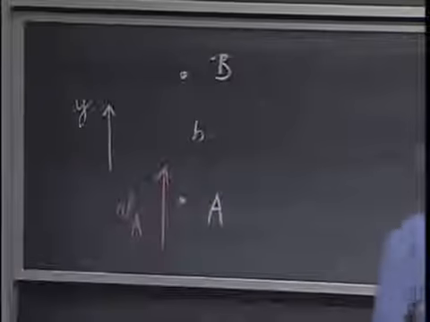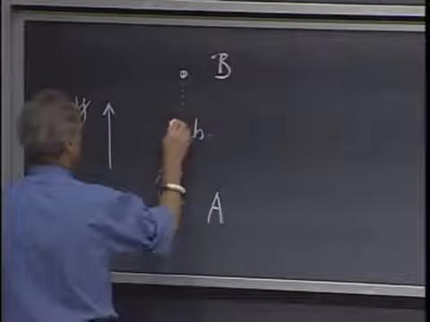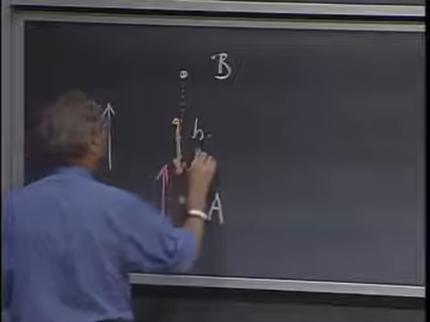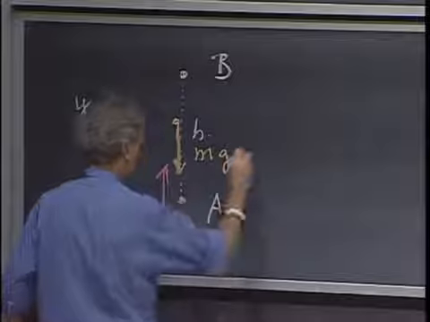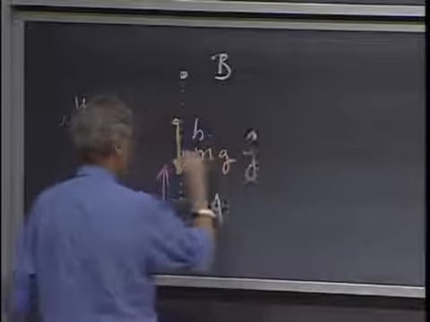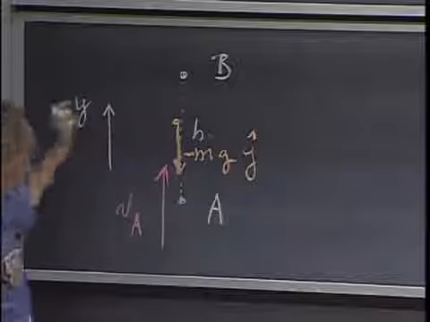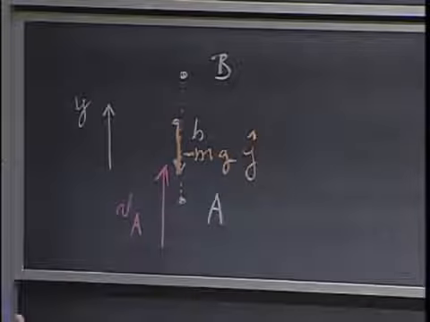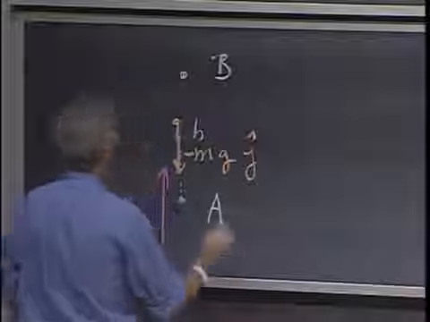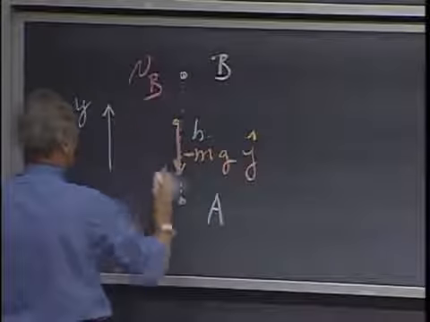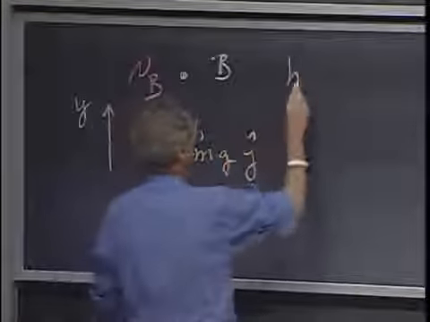The object has a mass m, and so there is a force, gravitational force, which is mg, and if I want to give it a vector notation, it's -mg y roof. This is my increasing value of y. When it reaches point B, it comes to a halt. And I'm going to ask you now, what is the value of h?